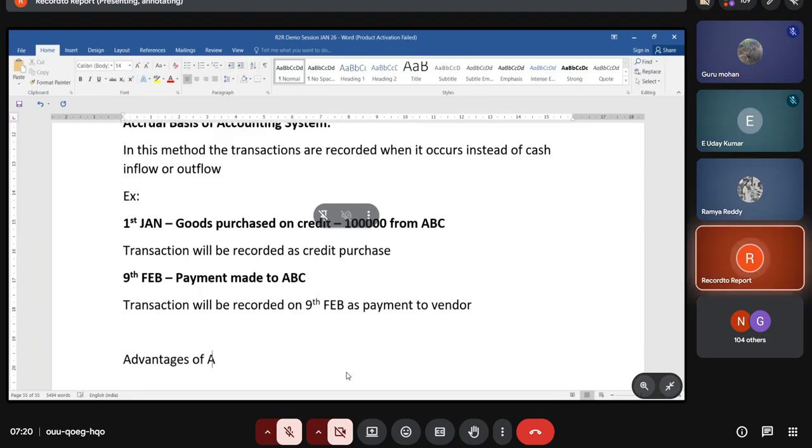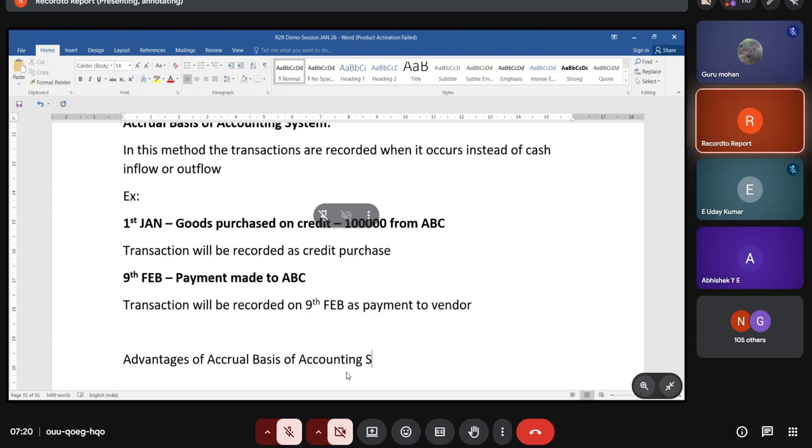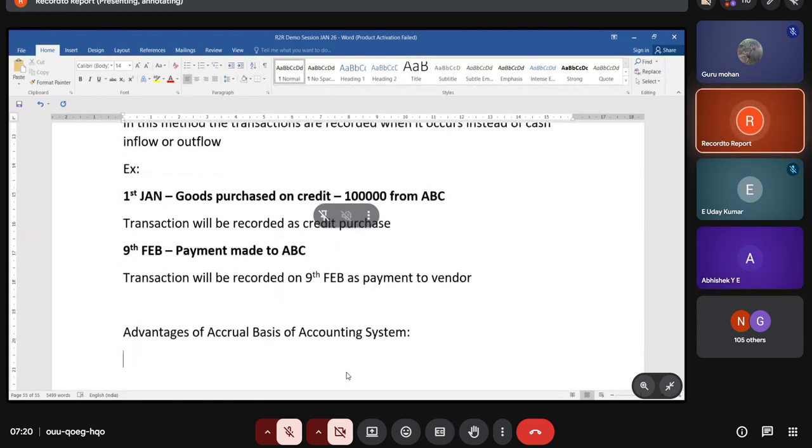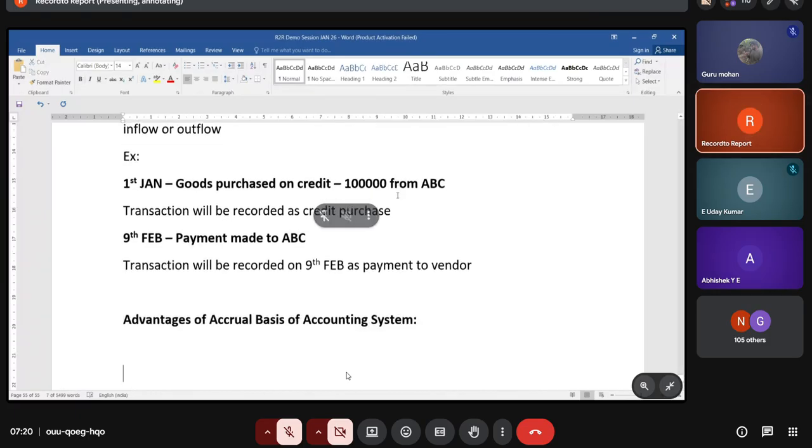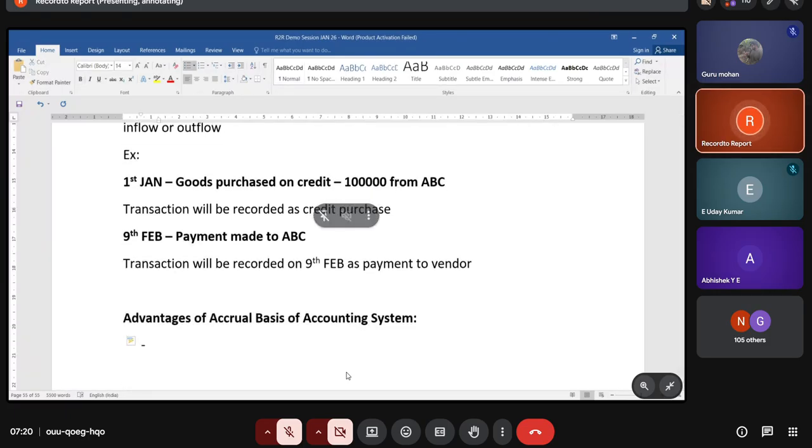Advantages of the accrual basis of accounting system. Do we get any major differences here? Will any major missing of transactions happen? No missing of transactions.